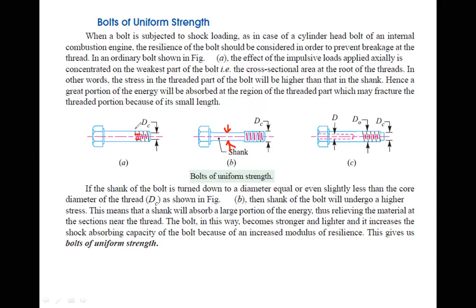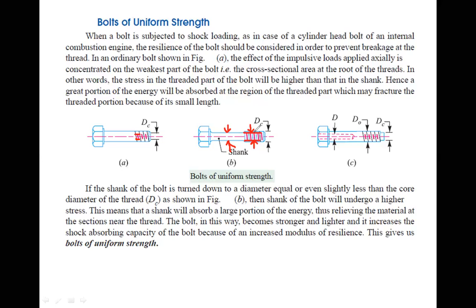But if you turn down the shank part of the body of that screw to a somewhat lesser diameter, then this diameter and the core diameter become equal. So it has the same diameter, and because of that uniform stress lines are there. So the possibility of stress concentration is lesser.